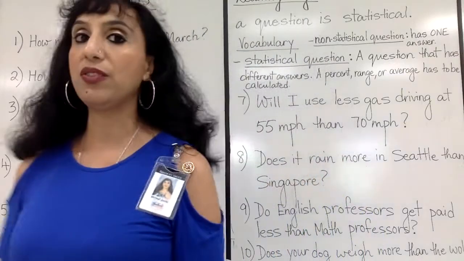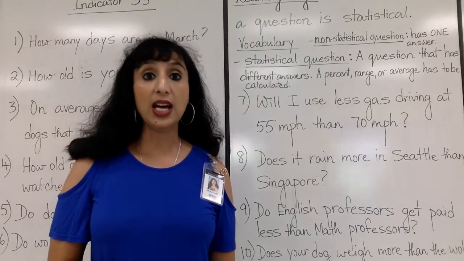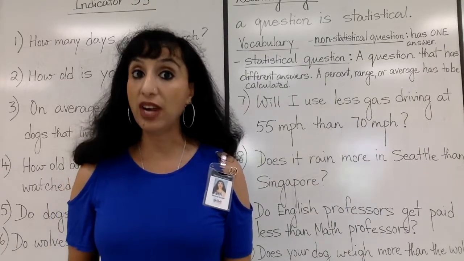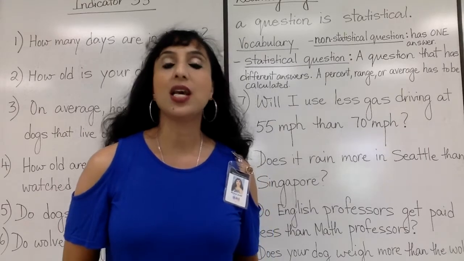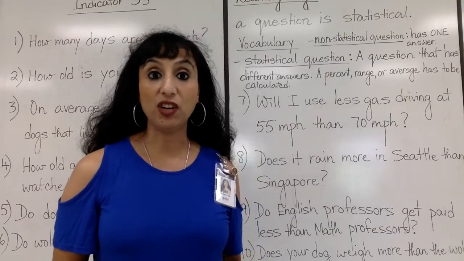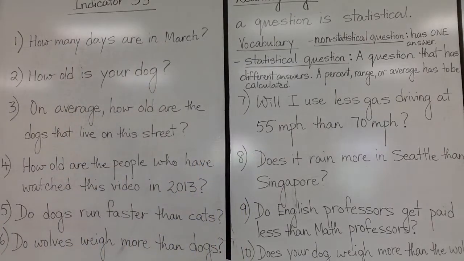Okay. So this is one of those where you would really need to get a lot of data, and the data is going to vary. And because there is such a variability in data, this requires a lot of calculations, and it is a statistical question.